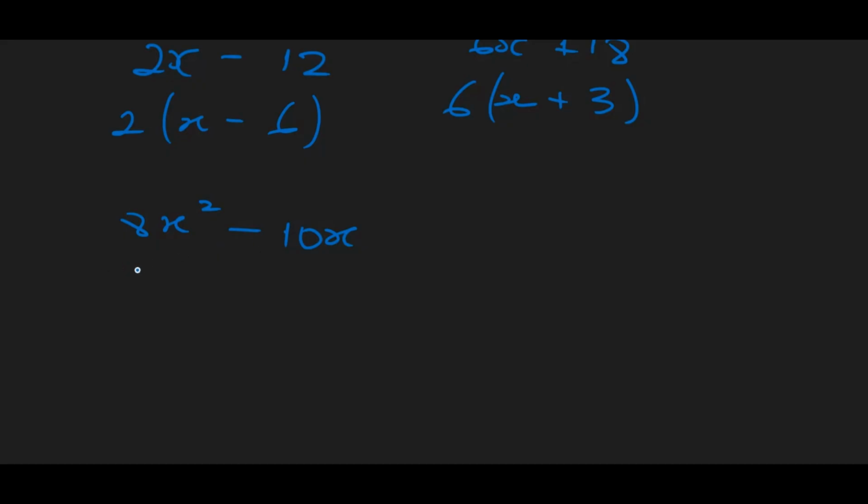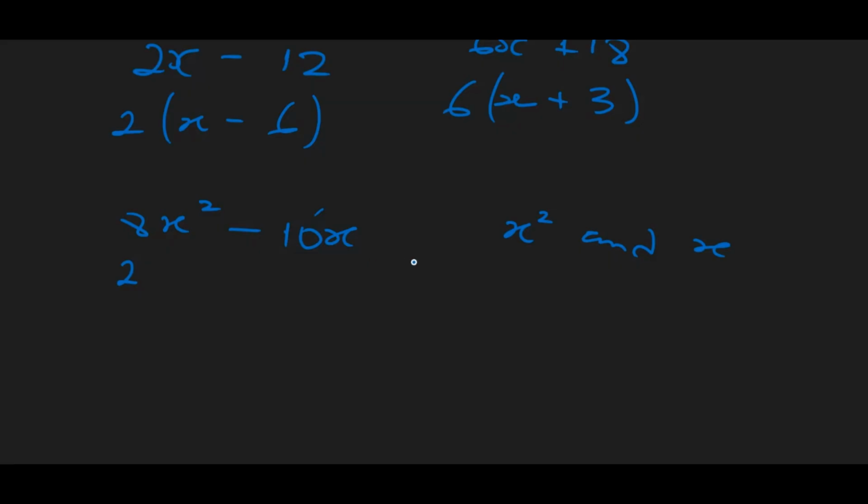Obviously, it's going to be 2, right? 2 here. But let's see something. In this case, we have an x expression here, another x expression here. So what will be the highest common factor of x squared and that of an x? That's going to be x, right?